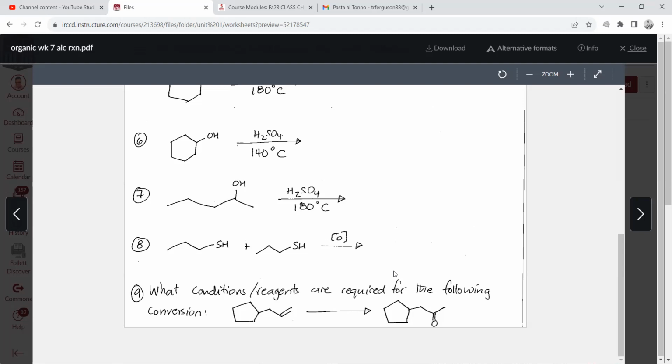So what it's going to look like, let's see, this is 2 propyl groups. So this is propyl thiol or propane thiol. So let me go over so I can write on.